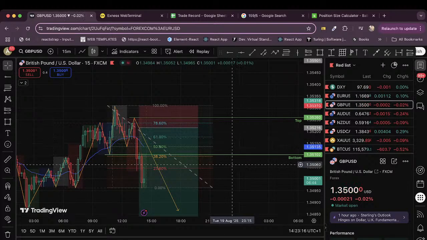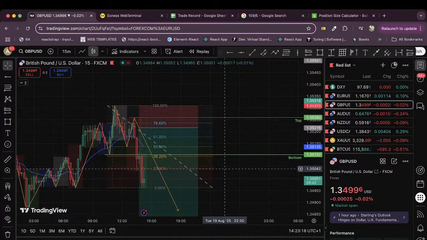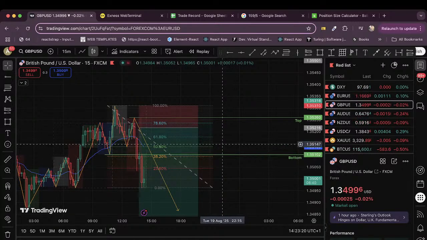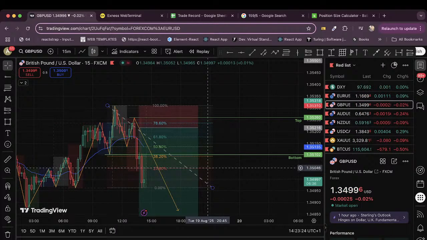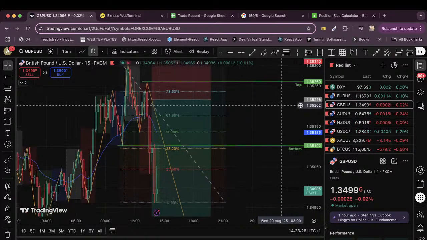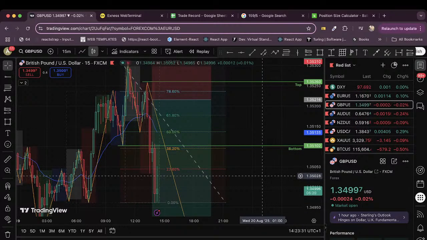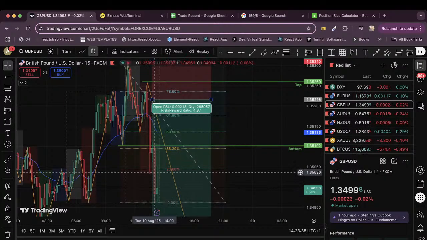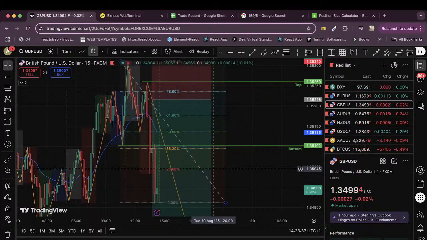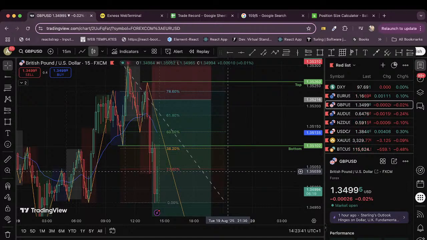If you look at these Fibonacci levels, there is 23, 38, 50, 61, 78. The colors are already passing a message to you. If you buy from this pullback, you can see the current pullback is on the 23% level, which is marked as red, which means danger.